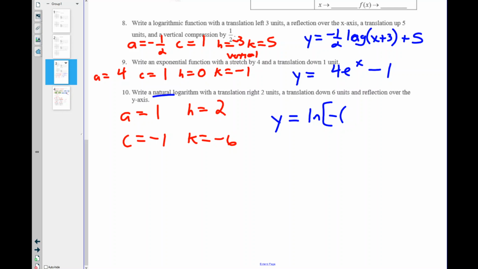X with what? X minus 2. Close, and on the outside, -6. If you don't put that outermost parentheses, fine, because then it doesn't look like ln of negative. It looks like ln minus.